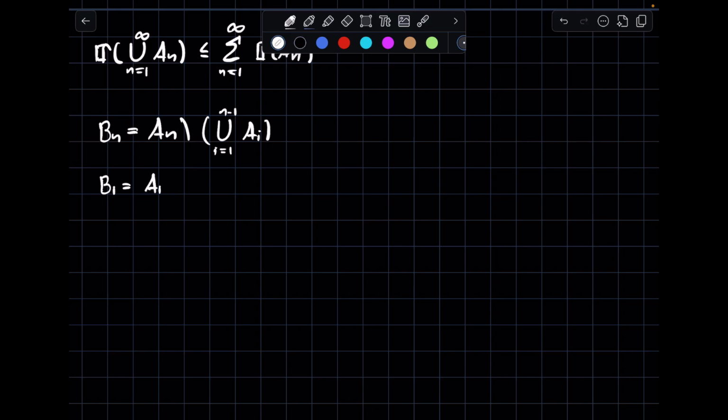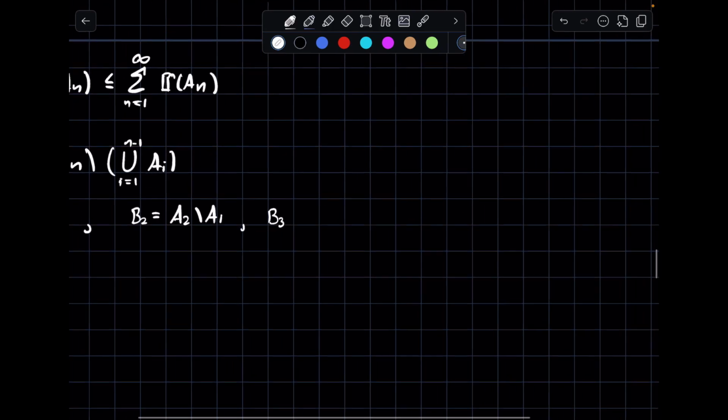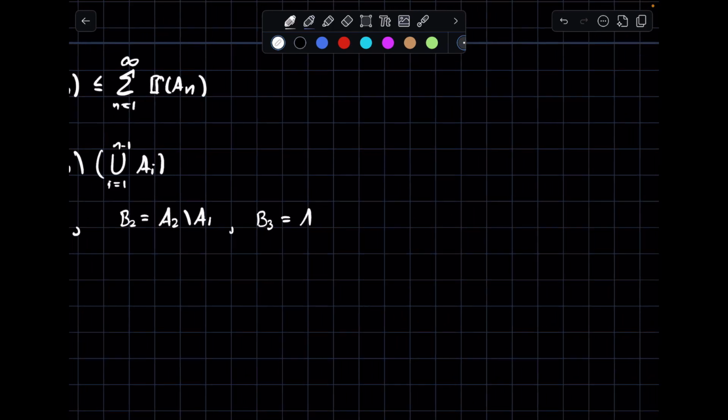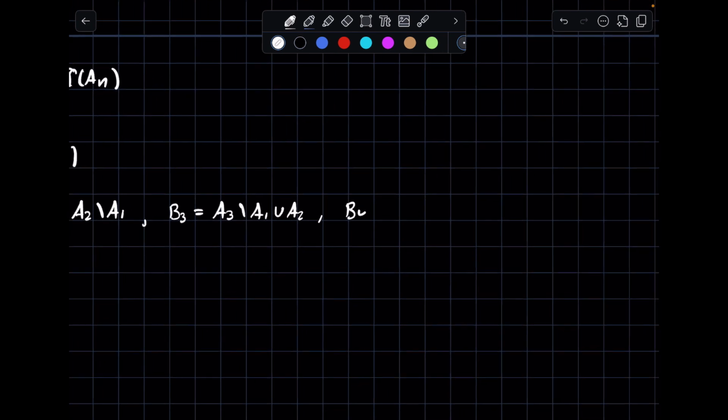There's no A0, so that's it. Then B2 is going to be A2 without A1. And B3 is going to be A3 without A1 union A2. And well, B4, of course, is going to be A4 without A1 union up till A3, right? And it continues on to infinity.